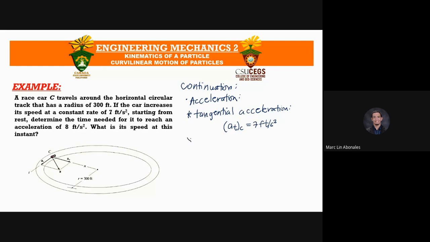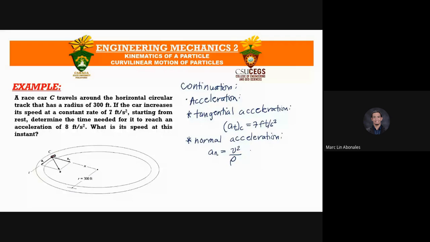Ang sa normal acceleration, that is using the equation na an is equal to v squared over the rho.